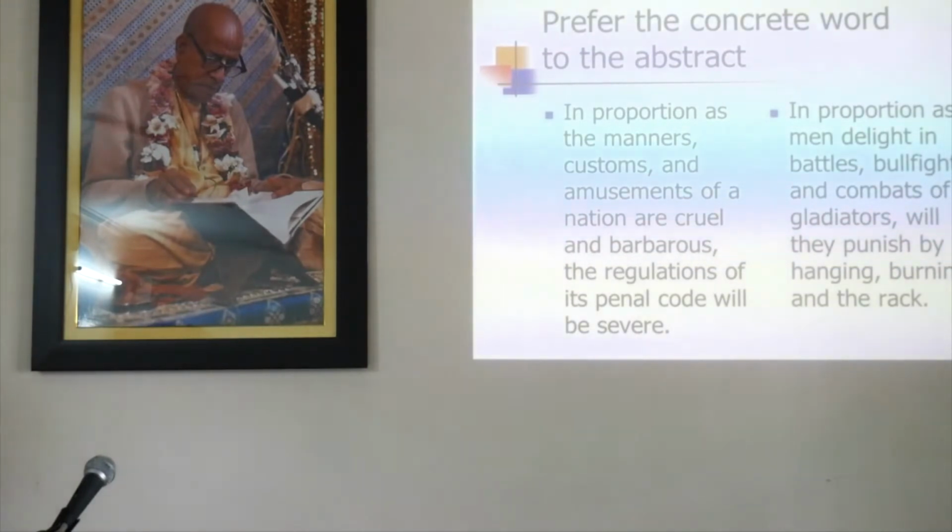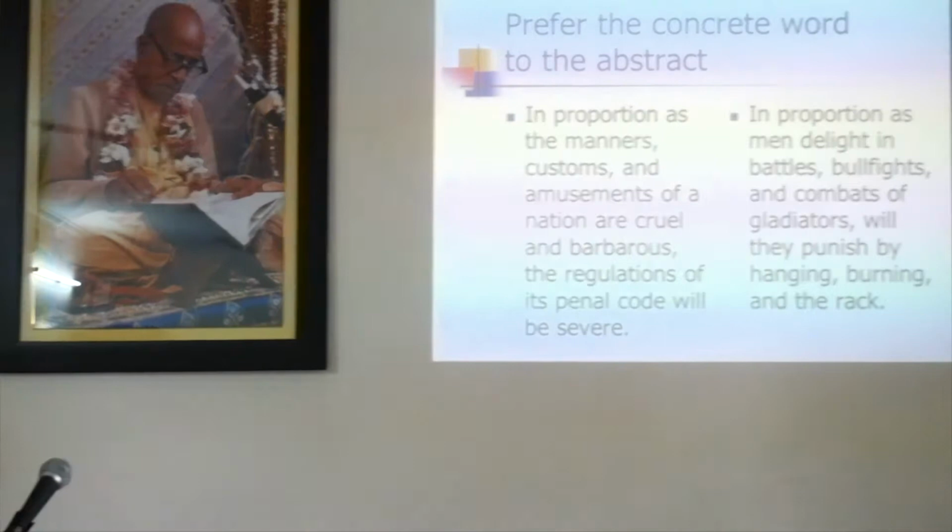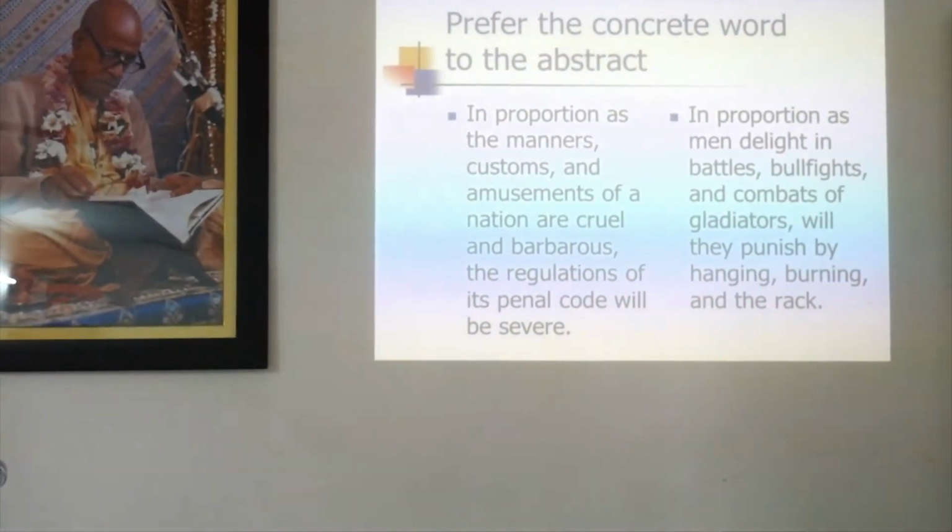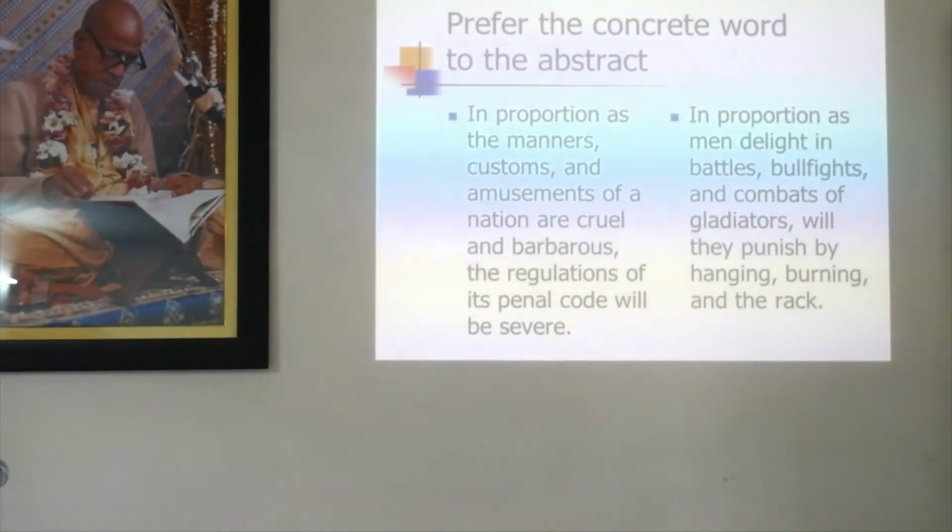In proportion as men delight in battles, bullfights, and combats of gladiators, will they punish by hanging, burning, and the rack. That's much more, would you say that has more impact? And it's all by being concrete.